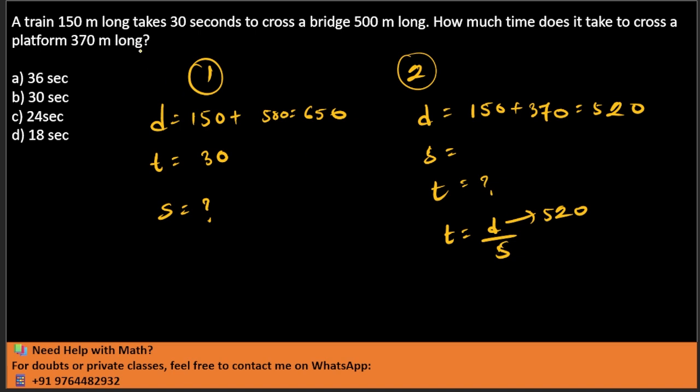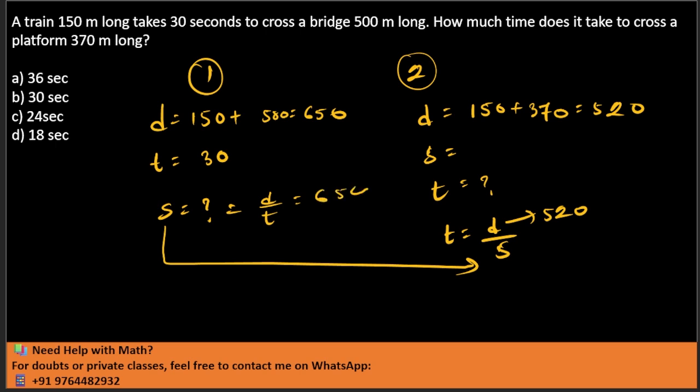Here there is no comment on the speed, so the same train is crossing the platform as well as the bridge, so we have to take the speed as constant. That means the speed of the train throughout is constant, that we are going to use this speed. The speed is same, so speed is equal to distance upon time.